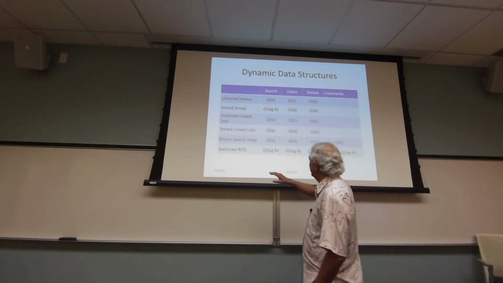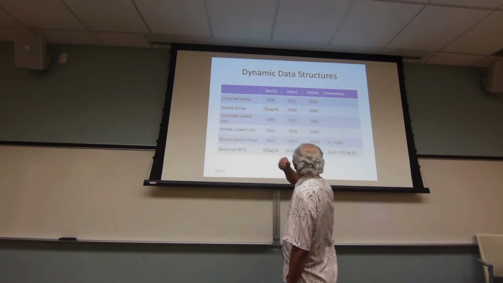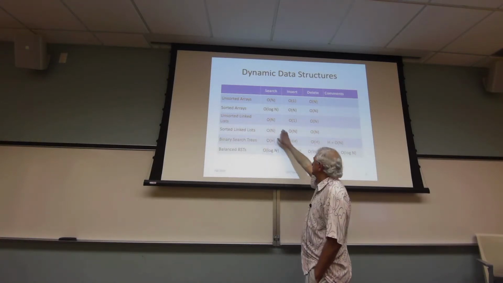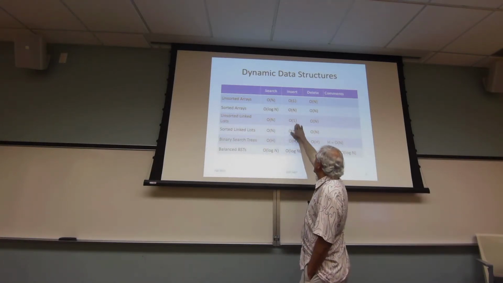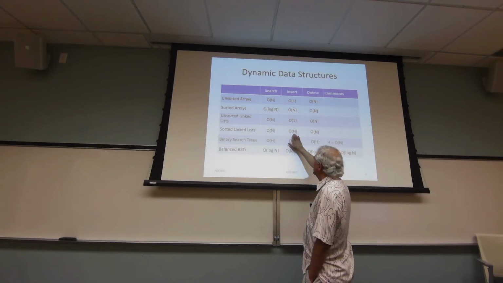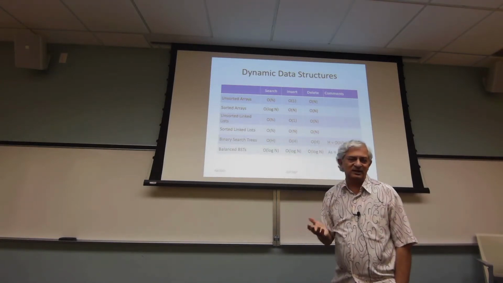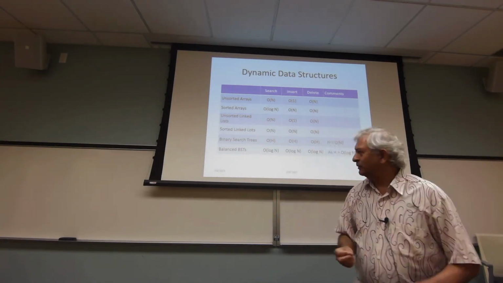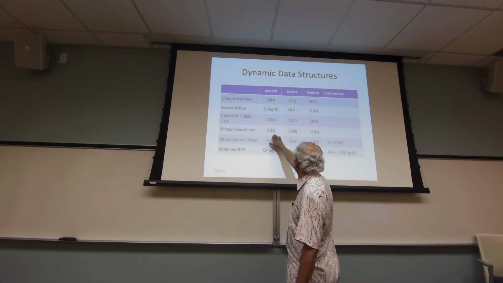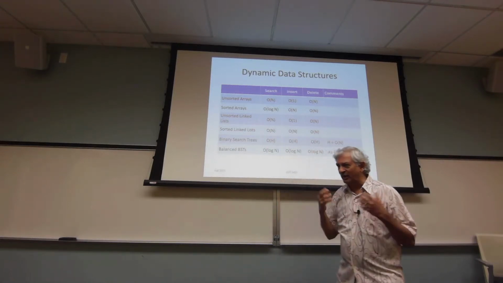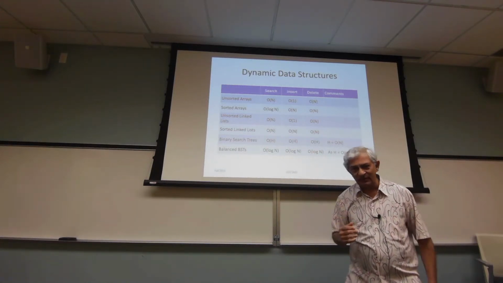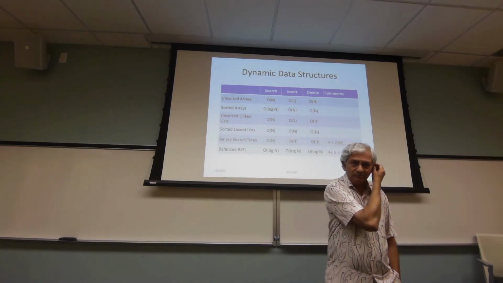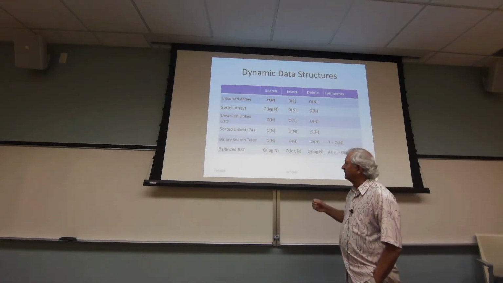And then linked lists have similar issues. If you have an unsorted linked list, you can insert very quickly. In sorted linked lists, it's very difficult to go and find where to put it. So even search becomes expensive. So almost all the operations end up being too expensive.